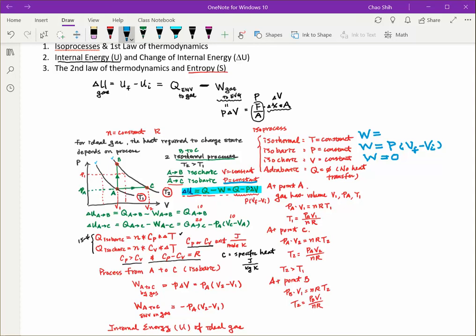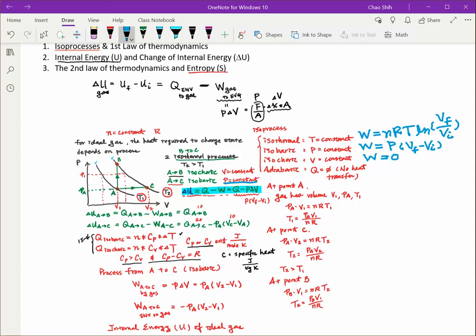When you have an isothermal process, the work will be a natural log. This is going to be equal to mRT, if you know the temperature at that state, times the natural log of V sub F over V sub I. So isothermal work is equal to mRT.